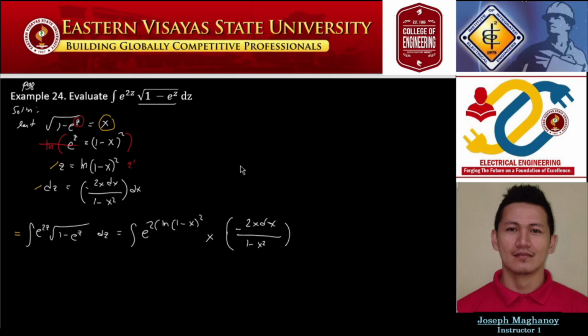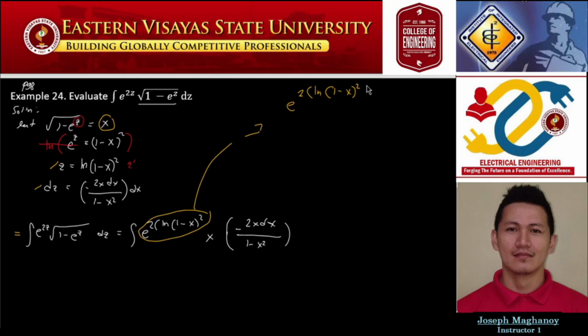Okay, maybe we need to simplify this portion. That is e to the 2 ln of quantity 1 minus x squared.